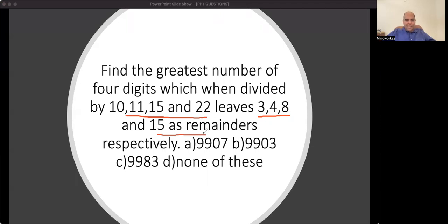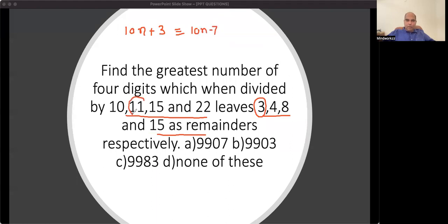So in this question, the basic logic is that a remainder of 3 when divided by 10 means the number is of the form 10n minus 7. 10n plus 3 also means 10n minus 7.